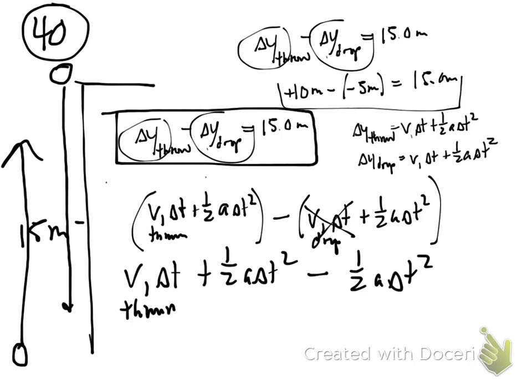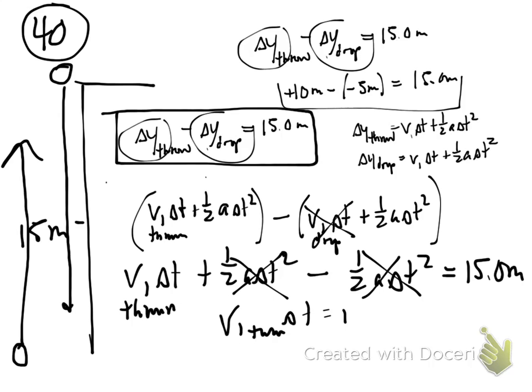Guess what happens? Those go away. You're subtracting the same thing. So this whole thing, of course, is equal to 15.0 meters. So now you have the initial velocity of the thrown object times delta t equals 15.0 meters. Solvable?